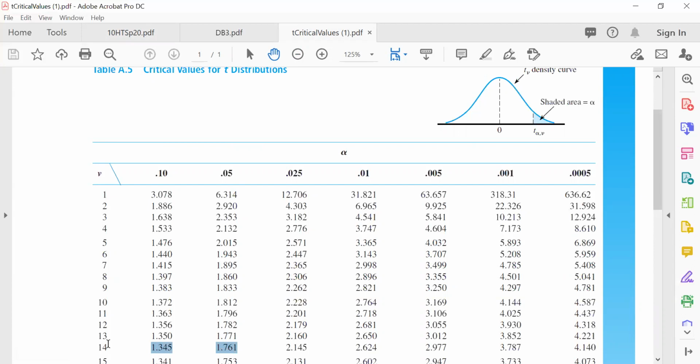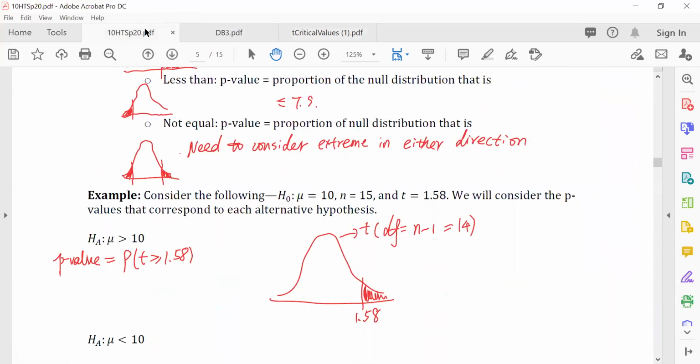So this is 1.345. This 1.58 is in between this 1.345 and 1.761, which means your p-value should be in between the 0.10 and 0.05 here.